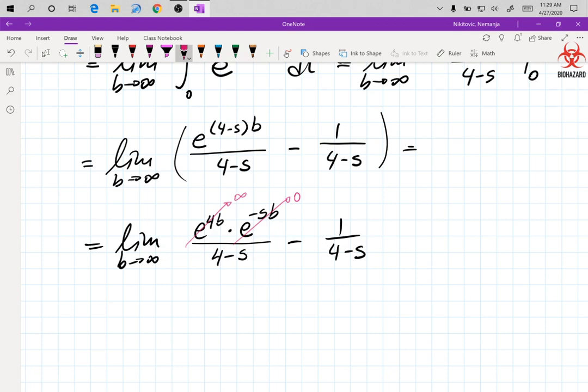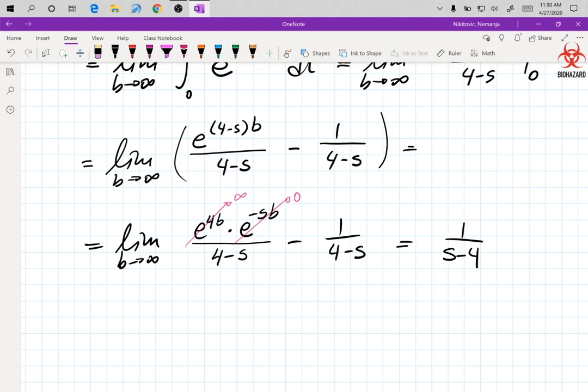Right? So you can do L'Hopital's rule from Calc 1. And if you go through L'Hopital's rule, you will get that the limit is 0. So the answer will turn out to be 1 over s minus 4, because this negative will distribute and change the order.